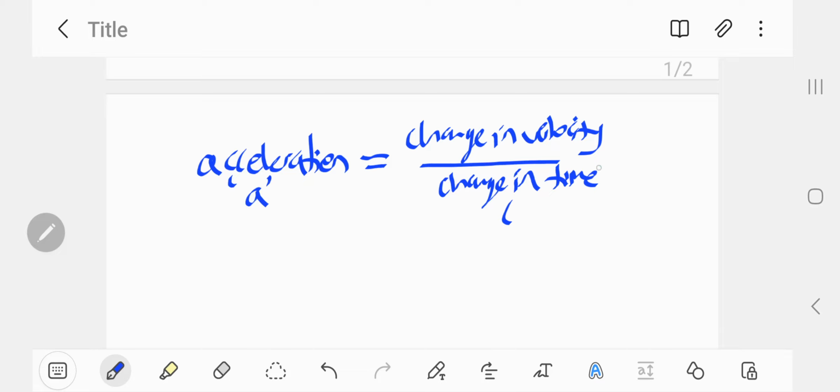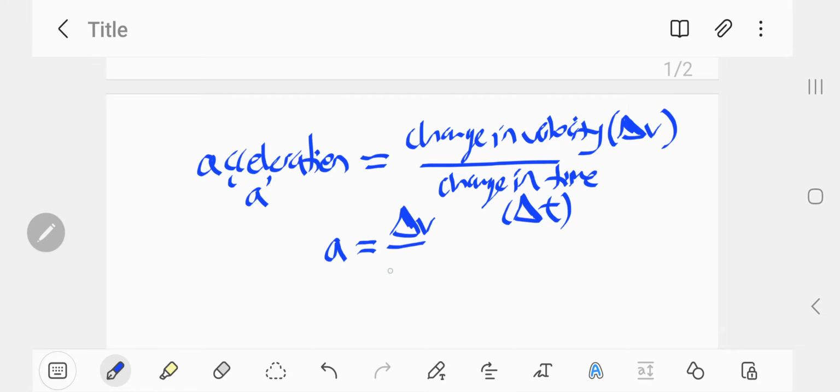Because physicists are really complicated people, including me, we give the symbol delta, capital delta, which is like a triangle with the right side shaded in, to mean change in. Physicists are lazy, sloppy people, so instead of writing change in all the time, we write it like this. Change in velocity is the numerator, on top of the fraction, delta v.